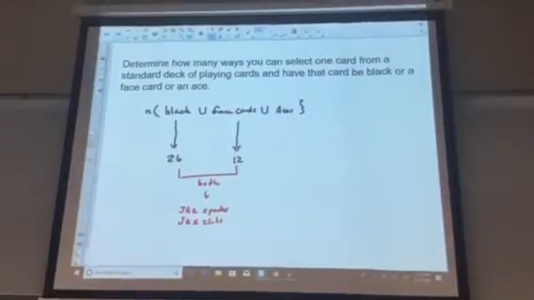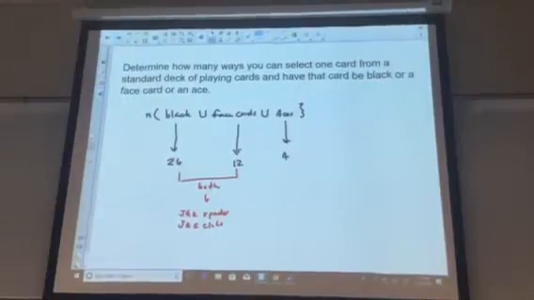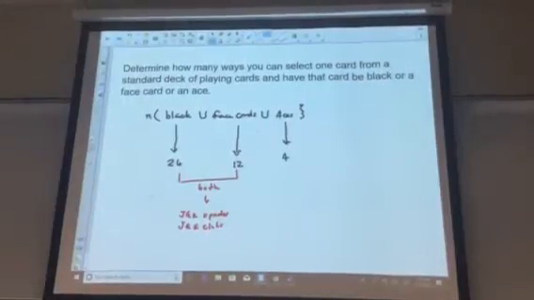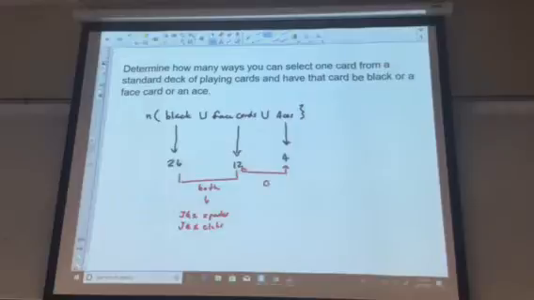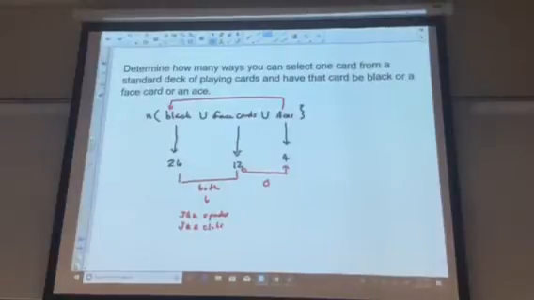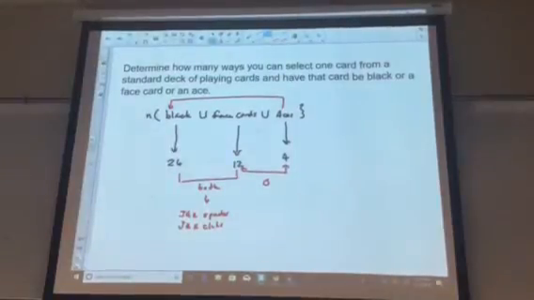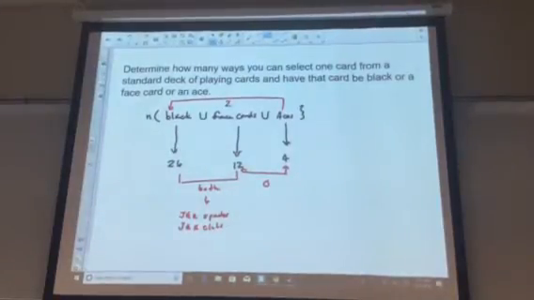Now, how many aces are there? Are there any aces that are also face cards? Nope. But are there any aces that are also black? So when you get more than 2 sets together, you have more overlaps that are possible. So here's an additional 2 that we have in the problem.